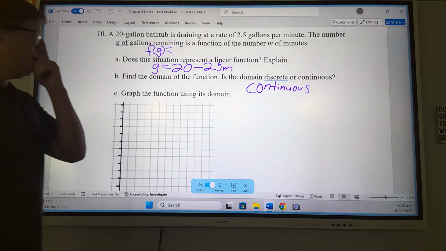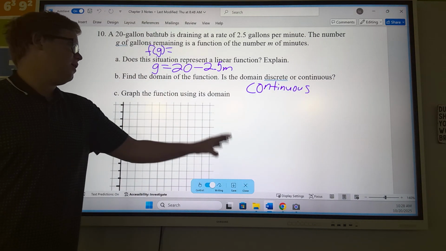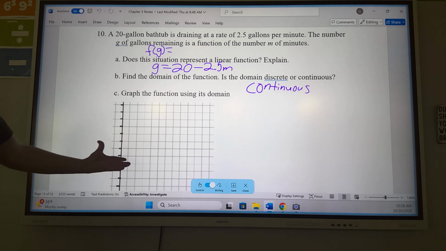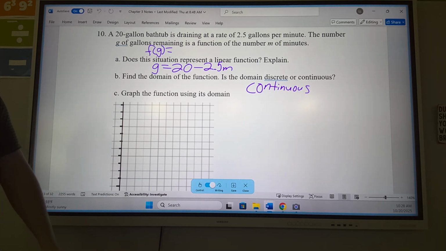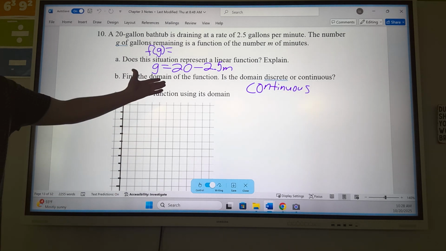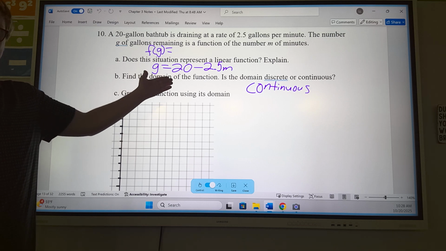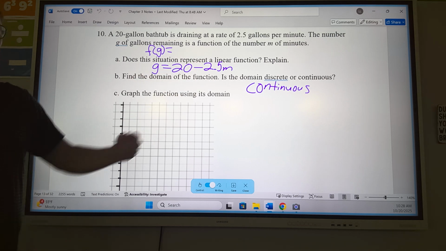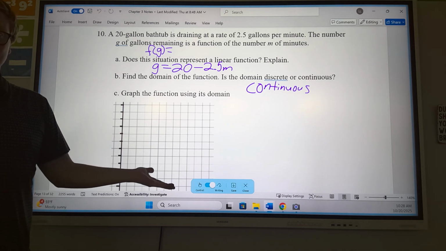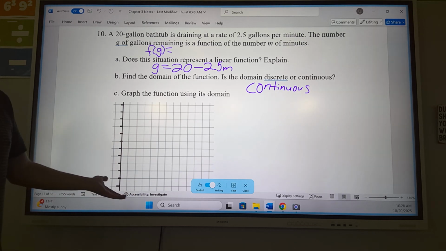Okay? Now, it's your job to find the equation, find what our graph's going to look like, and we need to think about this. We start at 20 gallons, and we're losing 2.5 gallons per minute. Eventually, that bathtub's going to be empty, right? So we are going to have a max.